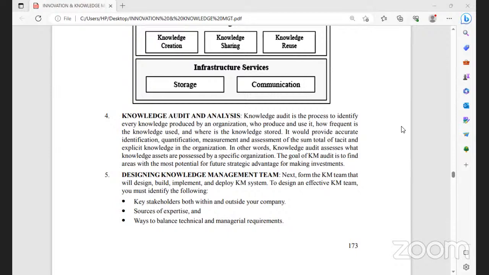In other words, knowledge audit assesses what knowledge assets are possessed by a specific organization. The goal of knowledge management audit is to find areas with the most potential for future strategic advantage for making investment. It means that to improve the investment, this audit will be more helpful, particularly relating to knowledge management.